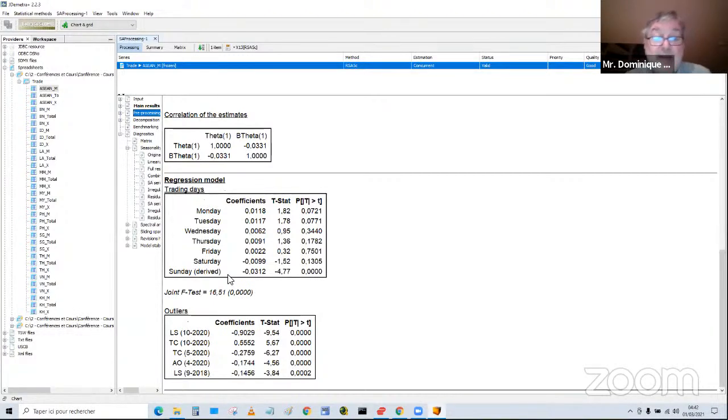Okay, so you might have a negative impact of a weekend, not on the imports themselves, but on the registration of the imports. Does it make sense?